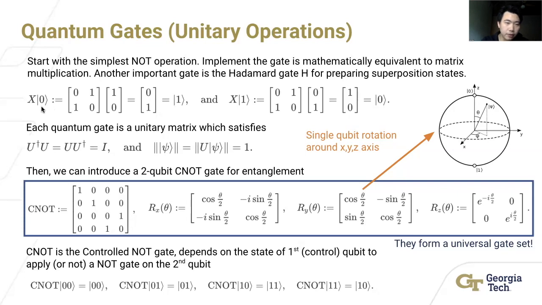You flip the 0 state to the 1 state and flip it back from 1 to 0. When you implement the gate, it simply means you're doing matrix multiplication. And quantum gates have to satisfy certain constraints, which is U times U dagger.